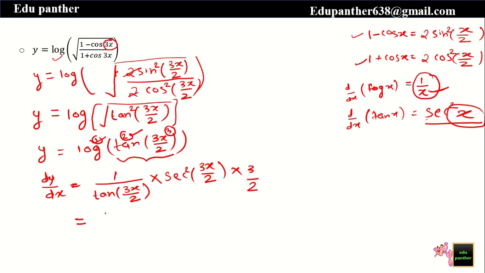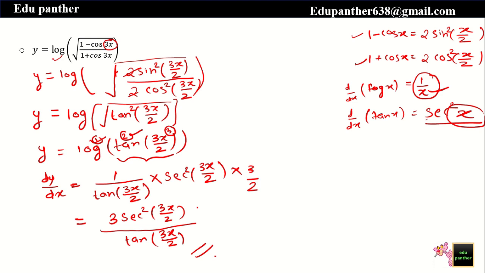We just have to further simplify if possible. So this we can write as 3 times sec square 3x by 2 divided by tan of 3x by 2. So this is one of the answers.